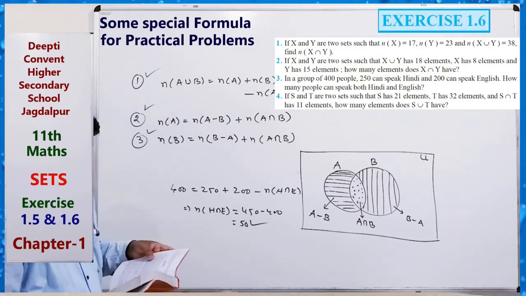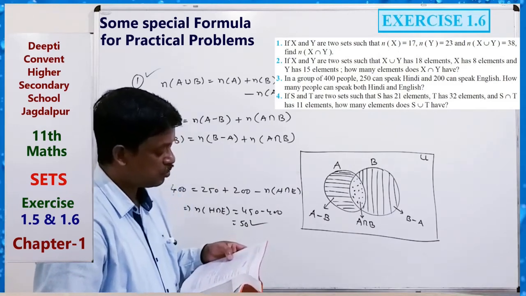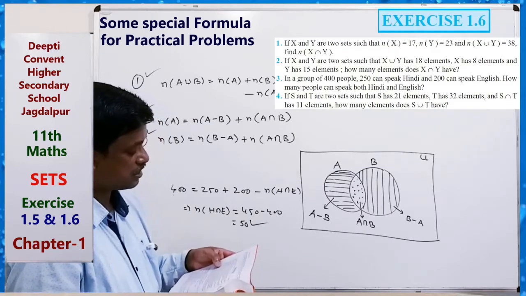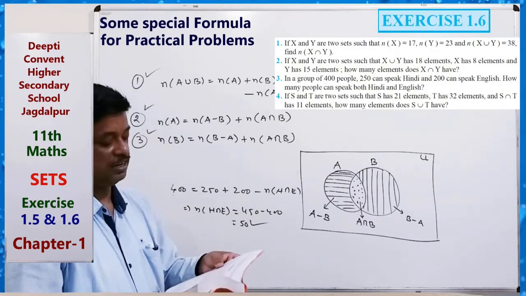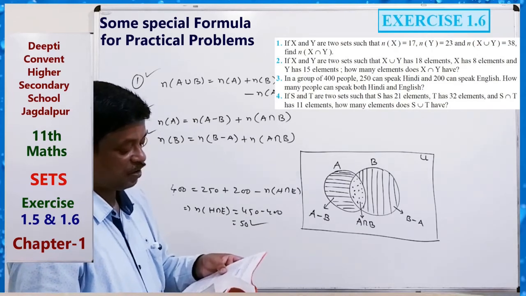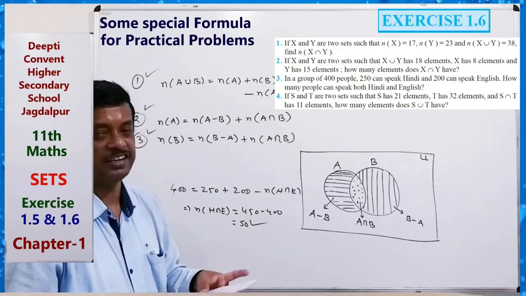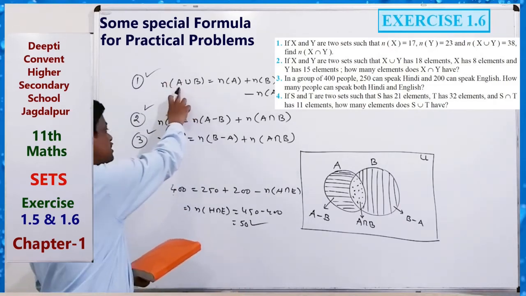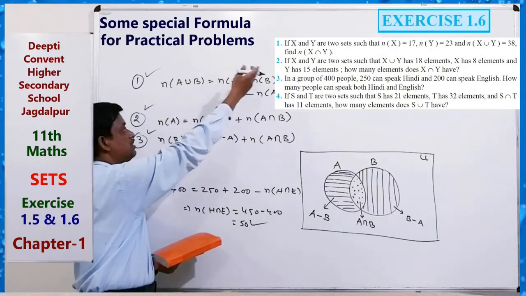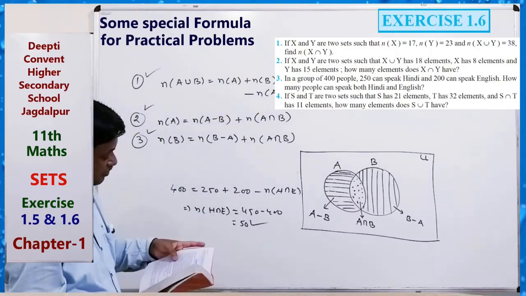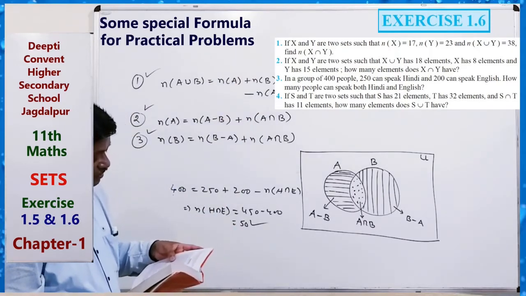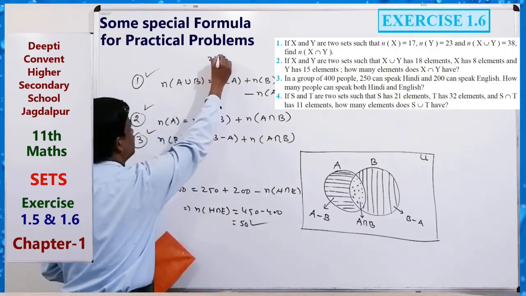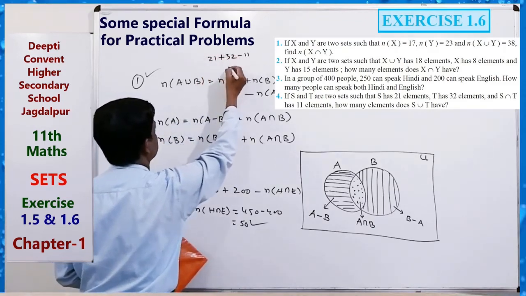Now the fourth question: if S and T are two sets such that n(S) is 21, n(T) is 32 and S intersection T has 11 elements, how many elements does S union T have? We have to find the value of n(S union T). Suppose this is S, this is T, then this plus this minus this: 21 plus 32 minus 11.